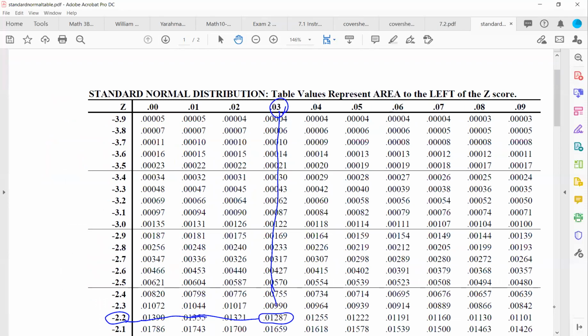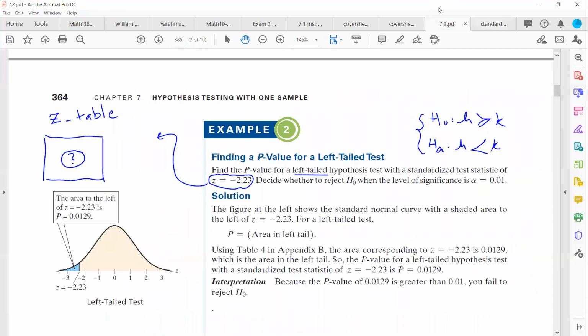It's not 13. You have a 0 next to it. So the area is 0.0129. This is your p-value, or this area on the left-hand side of your test statistic.